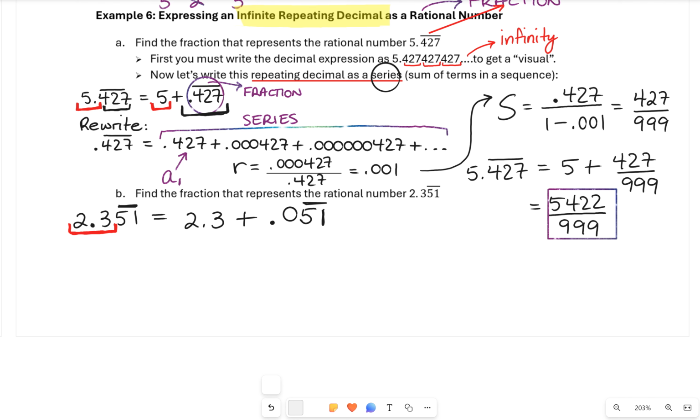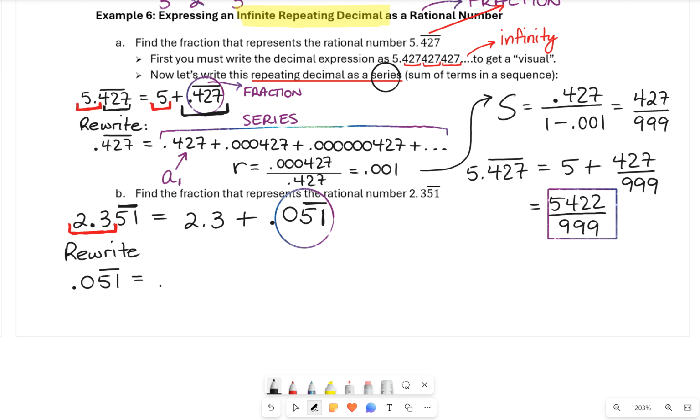All right. So the 2.3 is placed on hold, and I need us to go find the summation of 0.051 repeating. I need to write a whole bunch of terms that are equivalent to that. So rewrite the decimal repeating portion. What does that look like when we rewrite it?